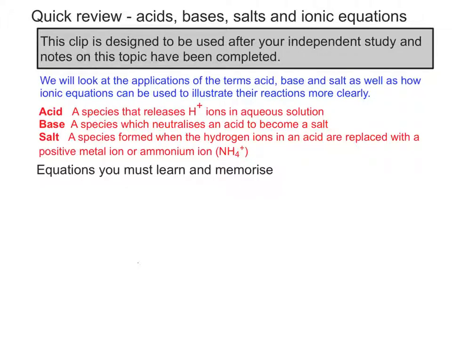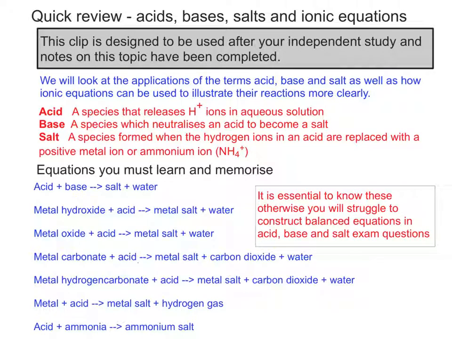Now there's a few equations that you must learn and memorise because if you're not comfortable with these equations and don't have them at your fingertips, you'll find work on acids and bases and salts quite tricky to get right. So like I've just mentioned, it's absolutely essential to know these, otherwise you'll struggle to construct balanced equations in any exam questions that involve acid, base and salt type reactions.